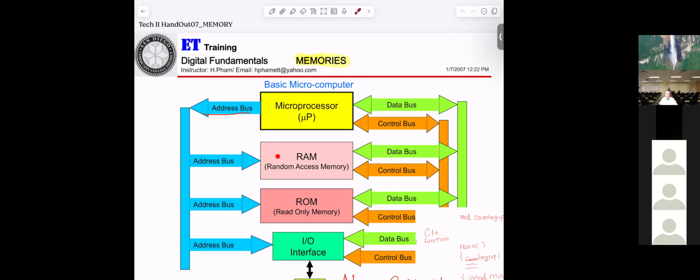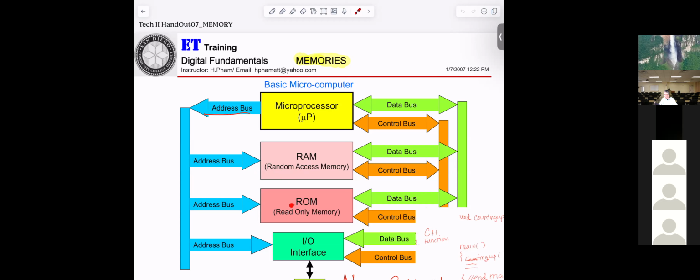Like, you get Windows 10, whatever, they will be loaded into this memory. A bigger memory will be better. Okay? Remember, when you turn off your computer, this RAM here will erase everything.